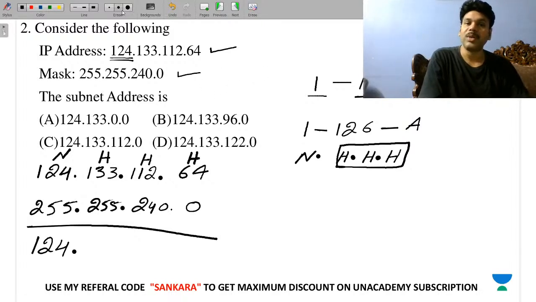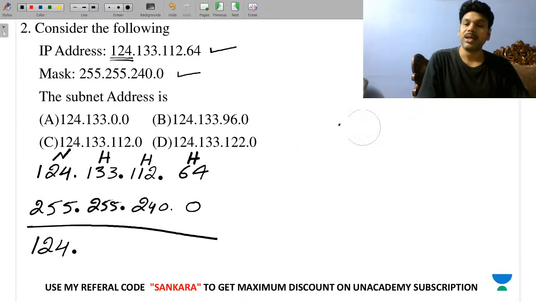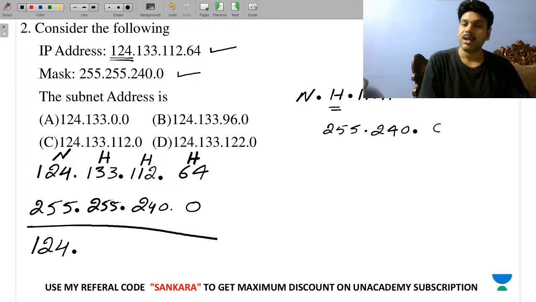If you look at how many bits are subnetted in your subnet mask from your N.H.H.H format, this particular part is given as 255, this part is given as 240, this is given as 0, and this is given as 255.